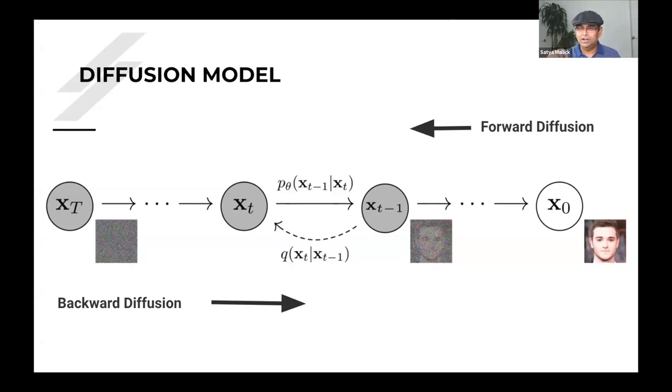But here, you're learning slowly, iteratively, how to get to the original image. So now you can imagine that you can start with any noise, and then it will create an image of a face if it is trained on faces, to create a sample from the distribution, right?